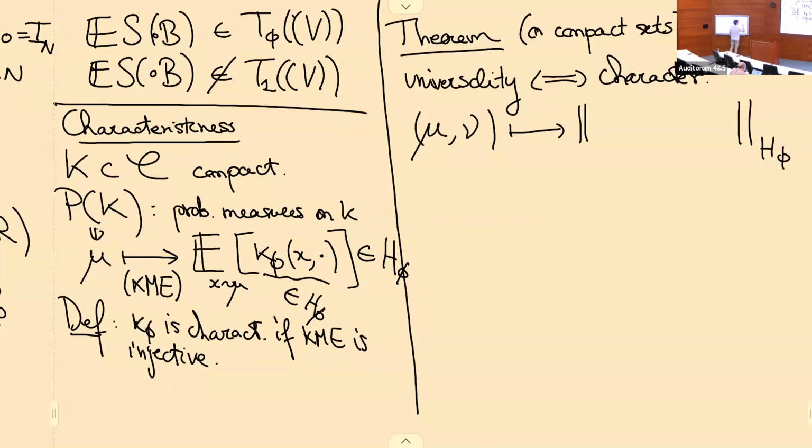You take the expectation over x sampled from mu of k phi x comma dot, and compare it to the expectation of y over nu of k phi y comma dot.